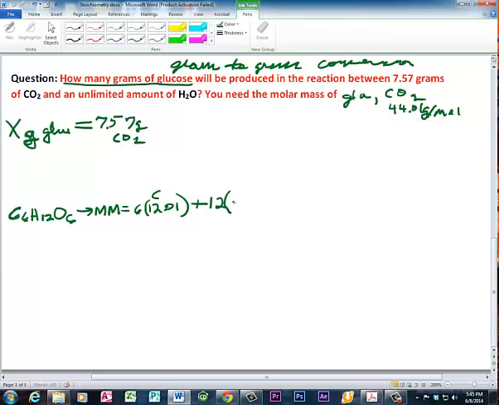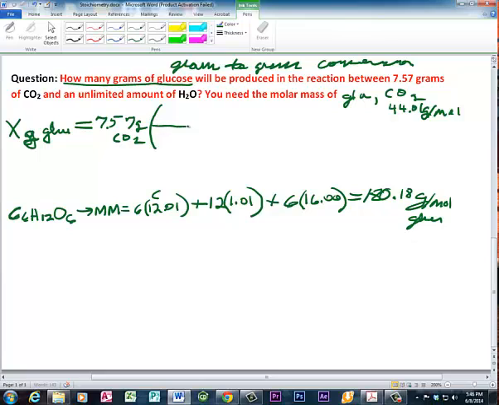I'm going to round hydrogen's molar mass to 1.01 grams per mole, and there's 12 of them, plus 6 oxygens, which are each 16 grams per mole. And when I calculate the molar mass, I get approximately 180.18 grams per mole for glucose. All right, so now I have the molar mass of glucose, I have the molar mass of carbon dioxide, and I have the mole-to-mole ratio from the balanced chemical reaction.